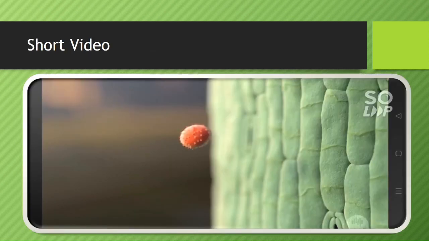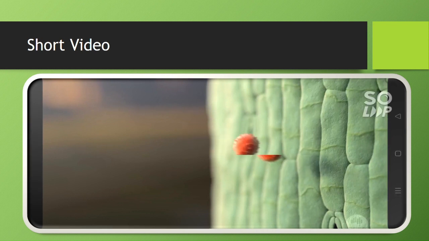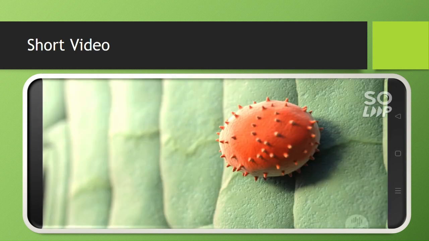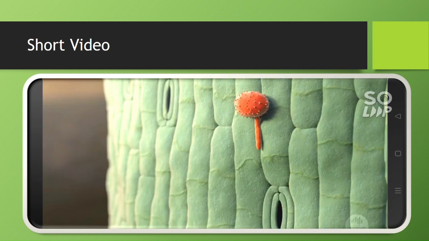There's a short video that shows how the spore germinates and forms the penetration peg, the appressorium, and the haustorium. This spore must now find the nutrients it requires to grow. Sending out the germ tube, it seeks an entry point into the plant.